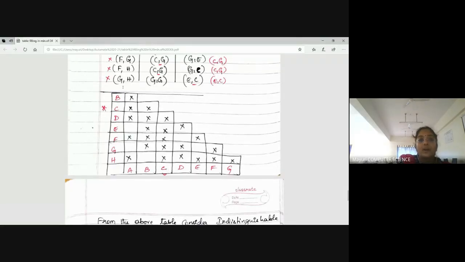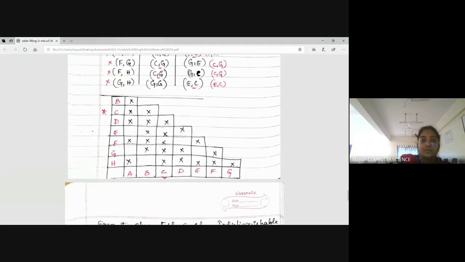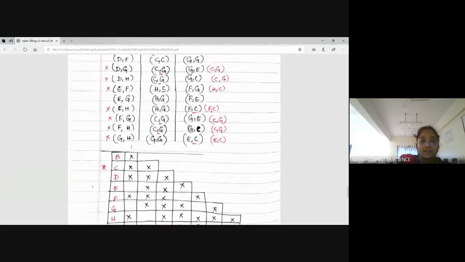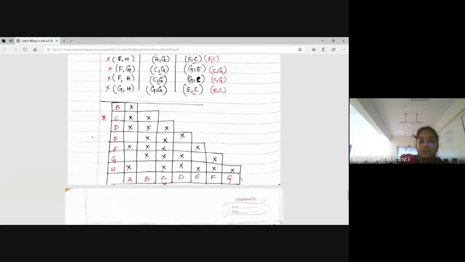Now you see all the leftmost ones: GH, FH, FG, all these things. FG means FG, and then FH. Like that I have made everything as cross marks. So till now any doubts?